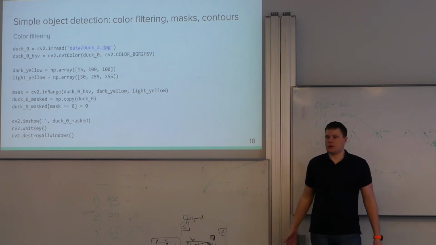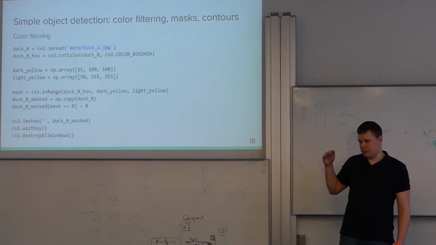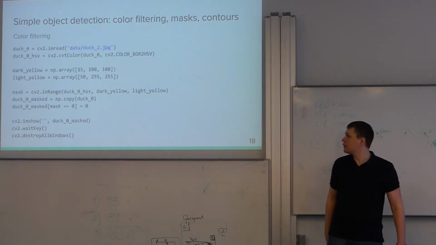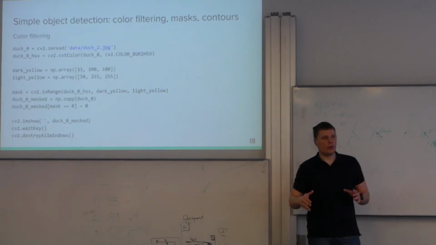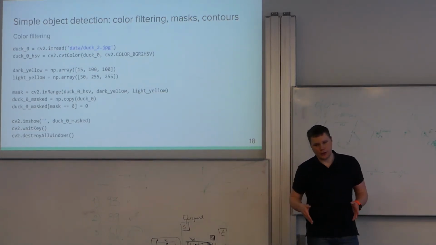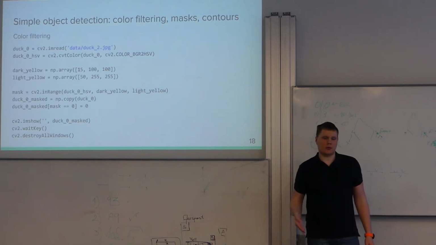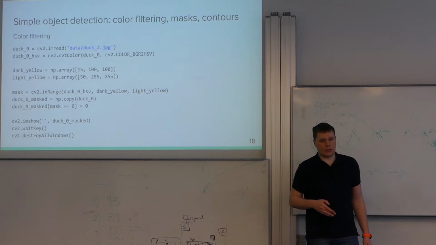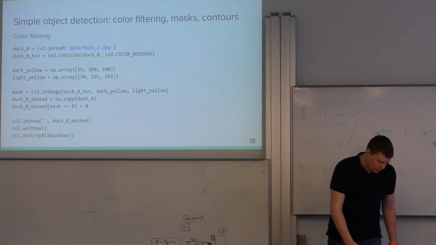This function accepts our image and border values and returns a mask. A mask is a single channel image where a 0 element means the pixel doesn't have a value in our range, and a white pixel means the value was in range.